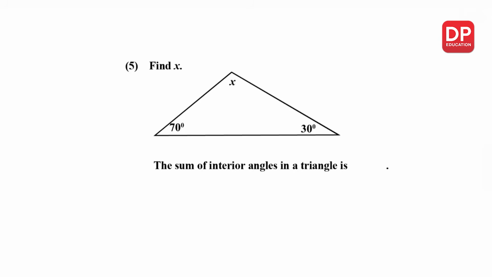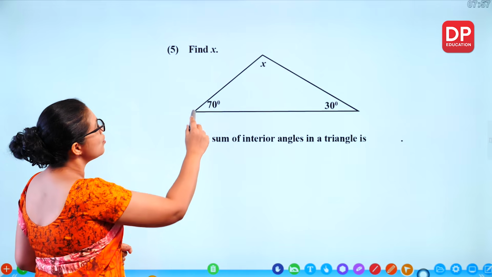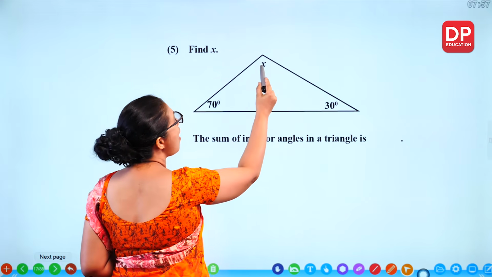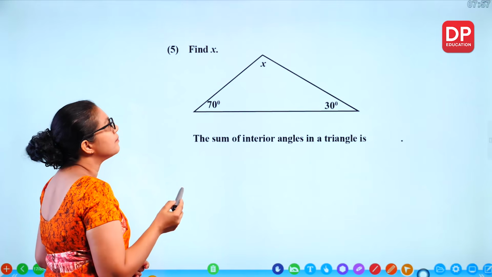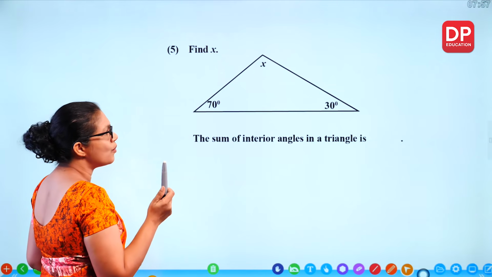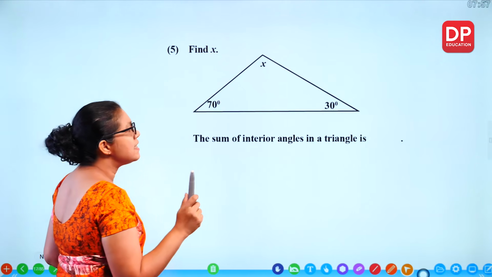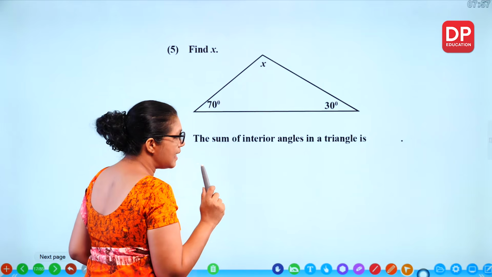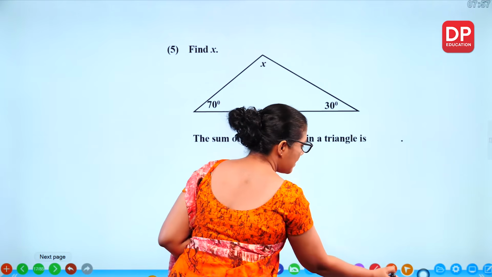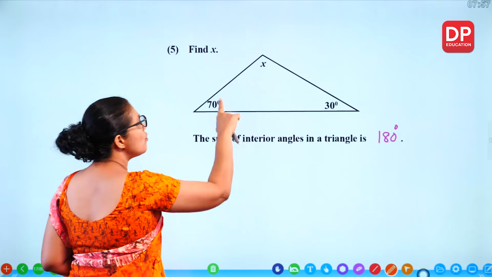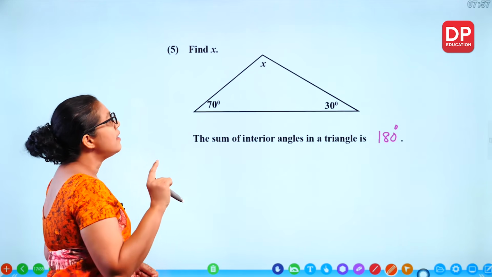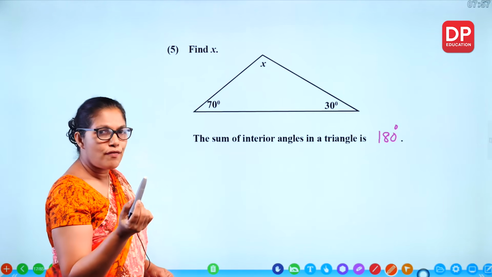Now we'll take this triangle. You are given two angles and asked to find this one, x. We know the sum of interior angles in a triangle is 180, so we can use that to find the value of x.